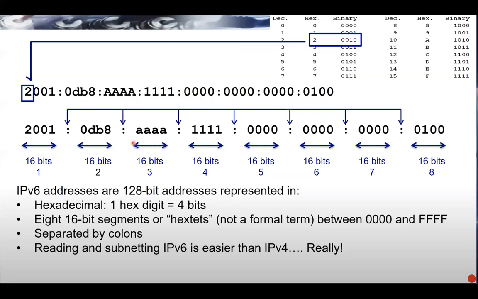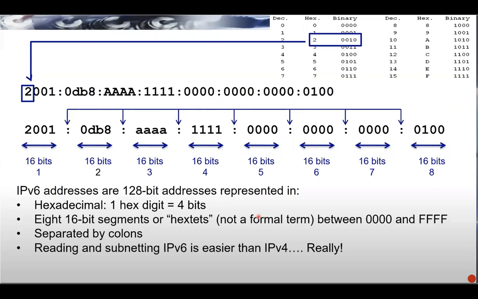Each hex digit is 4 bits. So if we have 4 hex digits, it represents 16 bits. And we will have 8 groups of 16 bits, so totally 128 bits.